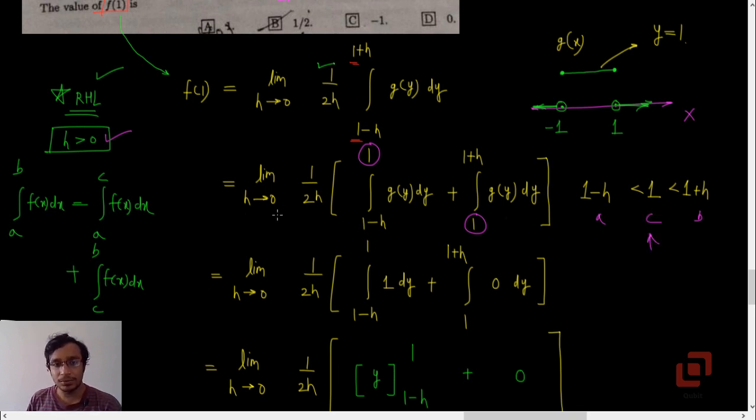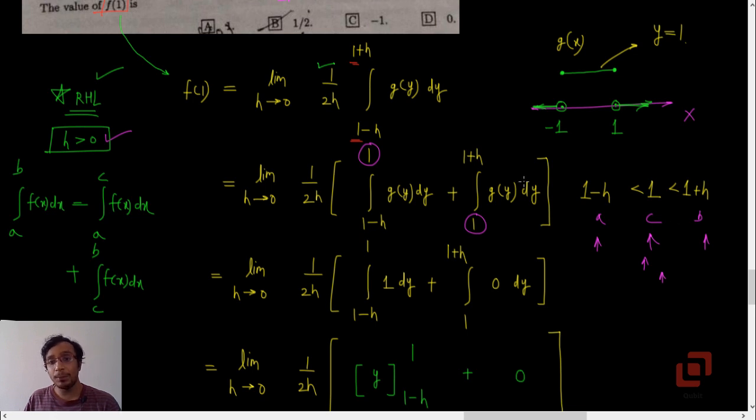So the second step is the limit as h tends to 0 of 1 upon 2h, splitting the interval of integration: 1 minus h to 1, that is from a to c, g of y dy, plus the second integral from 1 to 1 plus h, g of y dy, that is c to b.